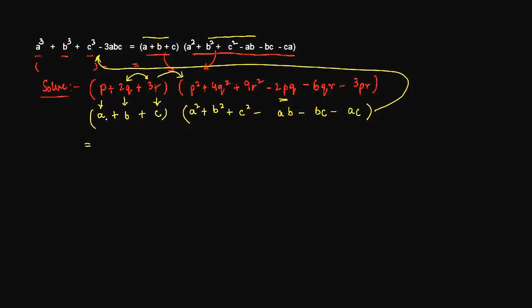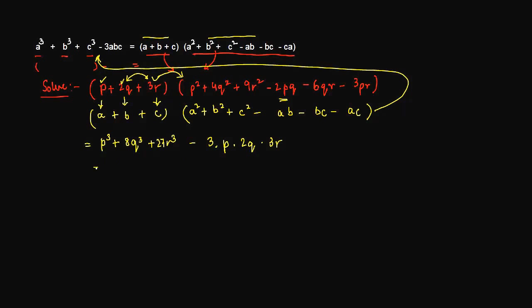As I said, this identity is equal to A cube. A is P, hence you can write this as P cube plus B cube. B is 2Q, so 2Q cube, cube of 2 is 8, plus C cube, C is 3R, so R cube and 3 cube is 27, minus 3 into ABC, P into 2Q into 3R.